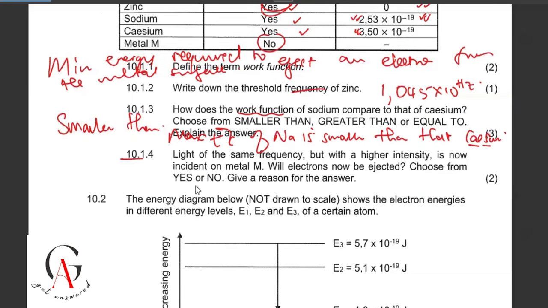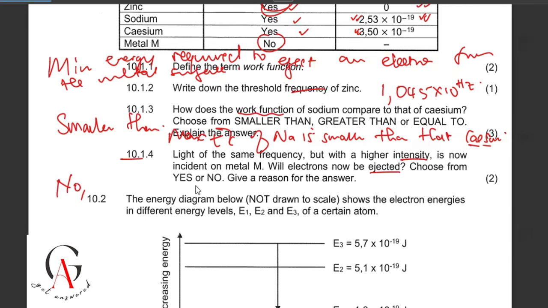And then we know that work function is directly proportional to the kinetic energy. Light of the same frequency, but with a high intensity is now incident on M. Will the electrons now be ejected? Choose from that and that and that. Same frequency, but with high intensity. Now the answer is a no. Increasing the intensity does not mean that the energy of the photon is increased.